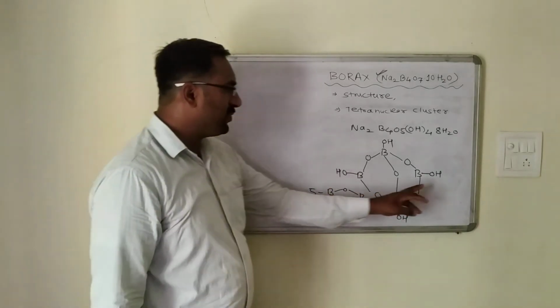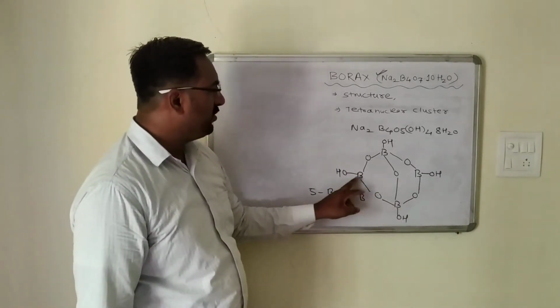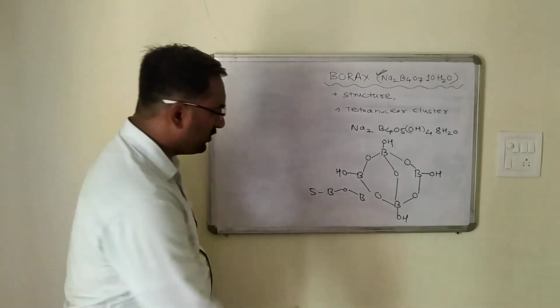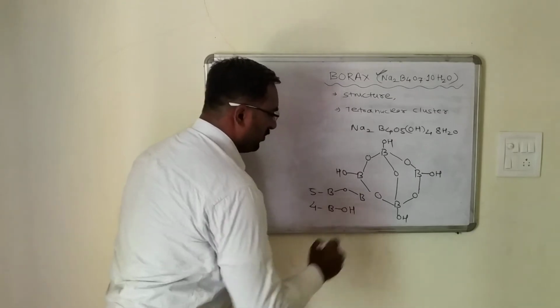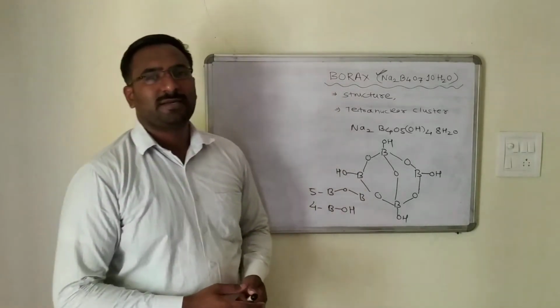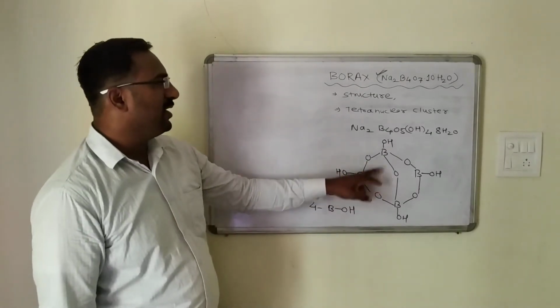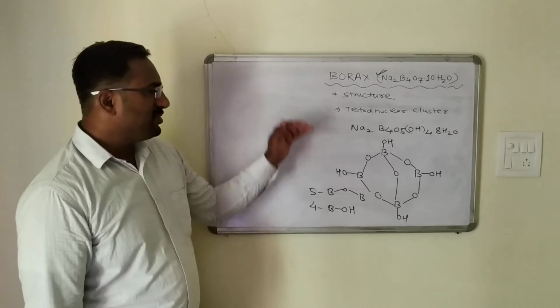And how many B-OH bonds? B-OH, B-OH, B-OH and B-OH. There are 4 B-OH bonds. It is an important point, as one can ask how many B-O-B or B-OH bonds are there in borax. So this is about structure.